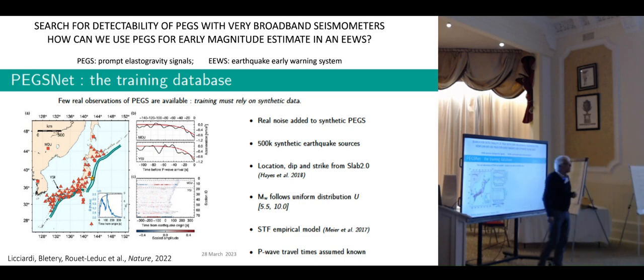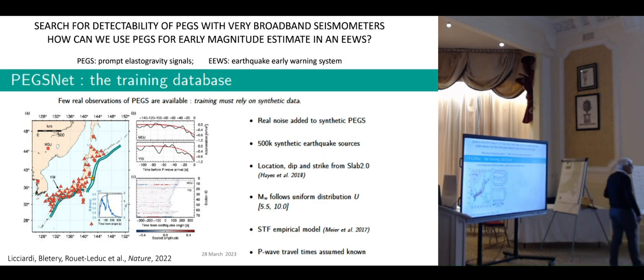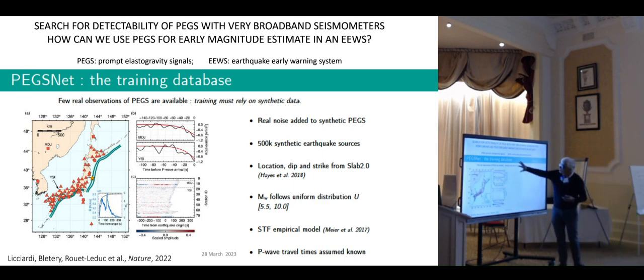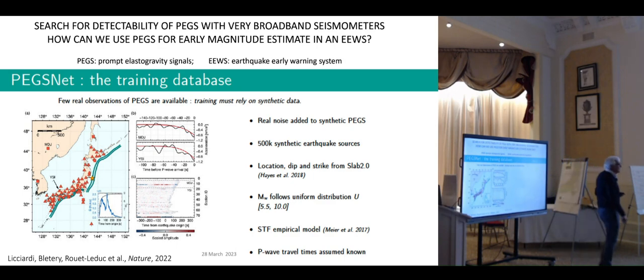And of course, there are very few observations. So what has been done was to make a training on synthetic data, because we do not have enough real data. And as I told you, the synthetic data are quite reasonable and quite good.